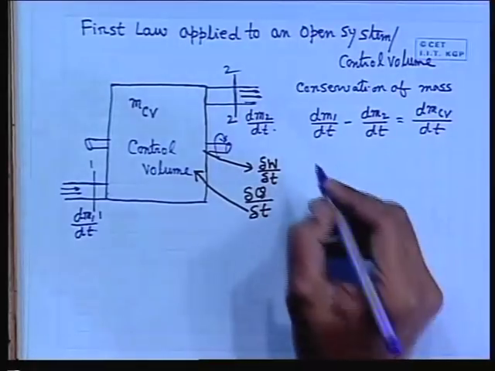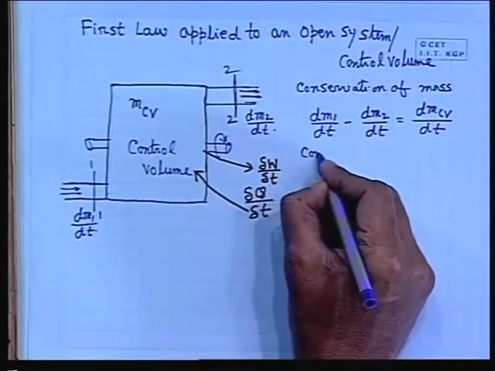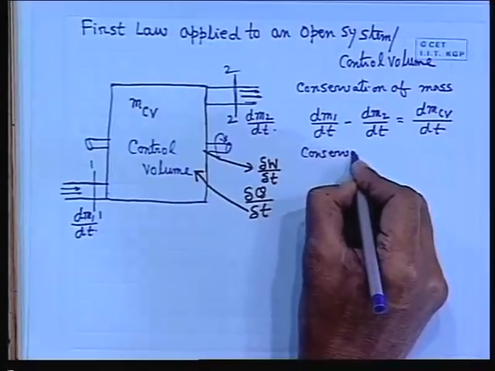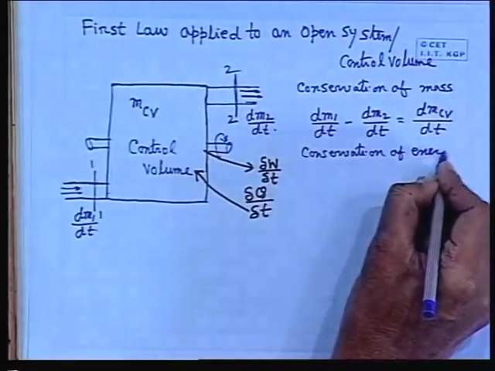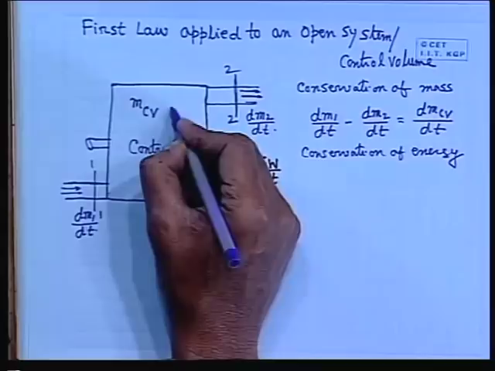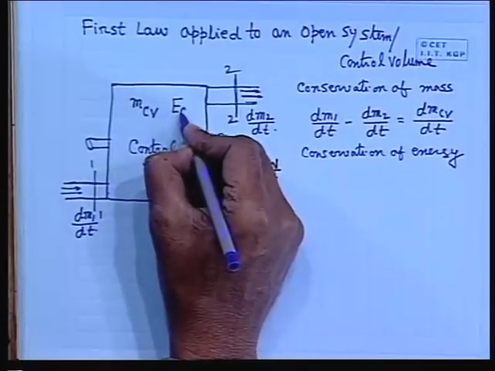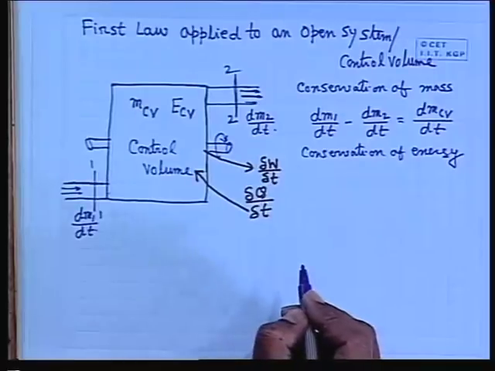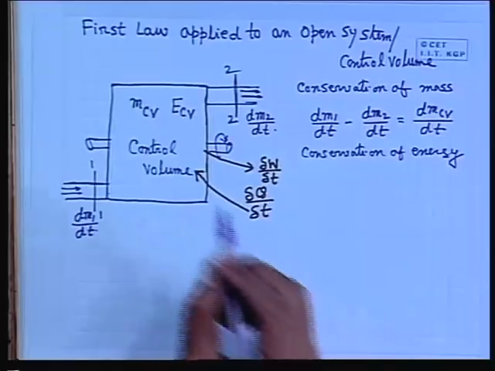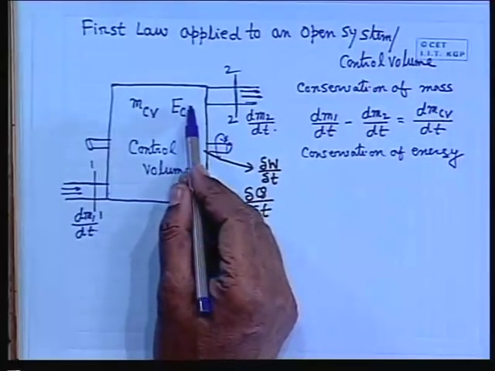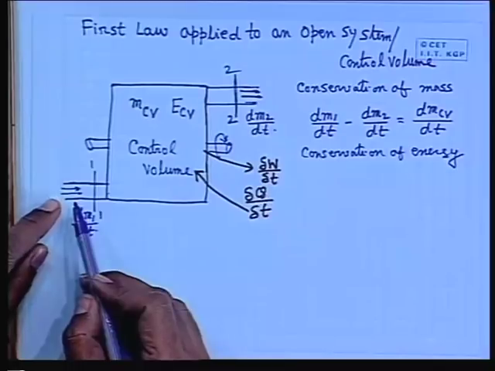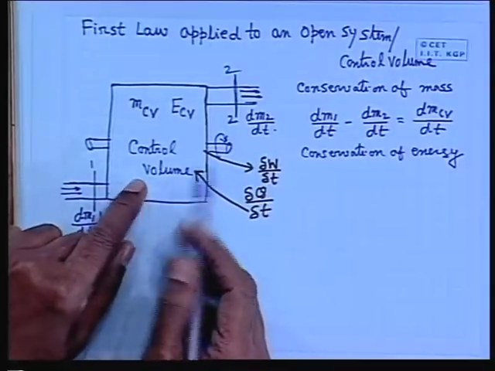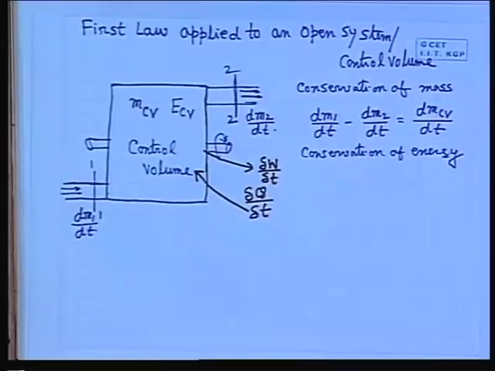Now, what about energy? That is the first law, conservation of energy. Conservation of energy also comes from the same common sense: if we denote ECV as the internal energy of the control volume at any instant, the rate of change of this energy within the control volume will be the difference between the rate at which energy comes into the control volume and the rate at which energy goes out of the control volume.